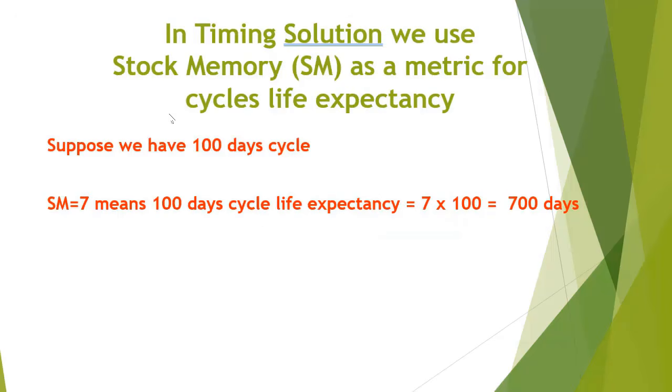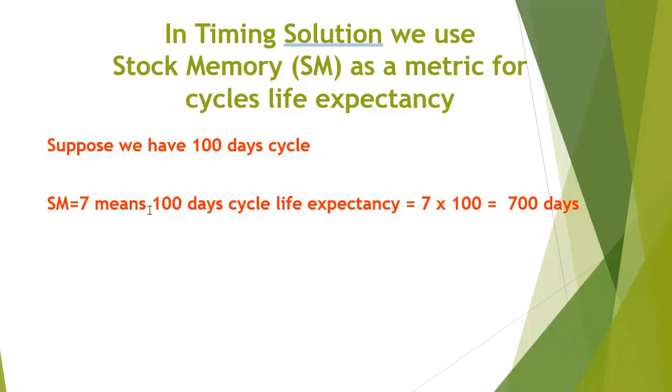In Timing Solution we often use stock memory, SM. This is a metric to measure a cycle's lifetime expectancy. Suppose we have, for example, a 100 days cycle, and we know that SM, the stock memory for this cycle, is 7.